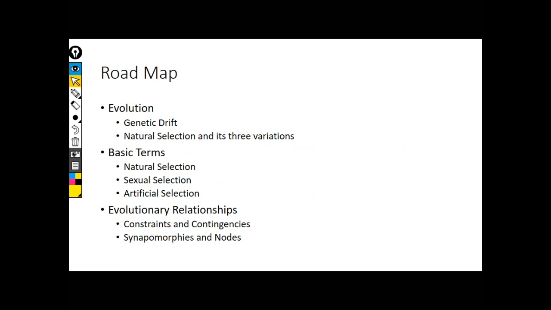So, roadmaps, right? Our goals here, the very beginning of this is probably the things that will feel very familiar. Talking about mechanisms that can cause population changes that are not natural selection, but then really focusing on natural selection. Remember, that is the mechanism that allows for environmental matching.